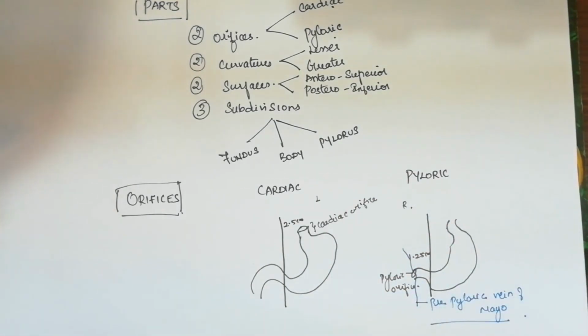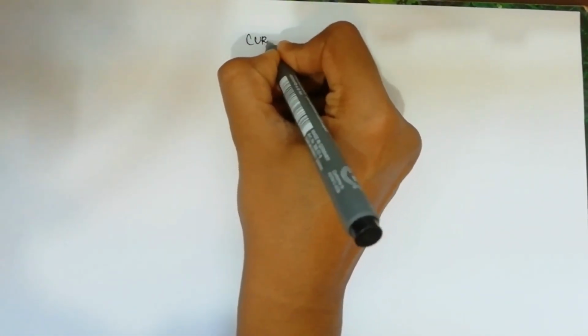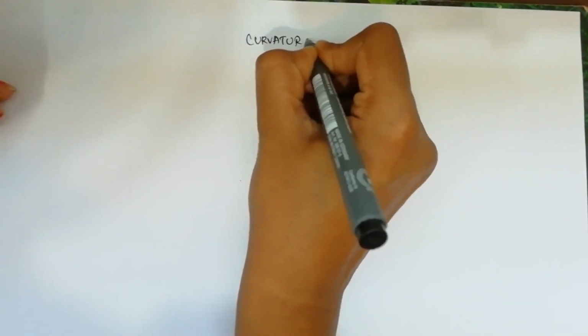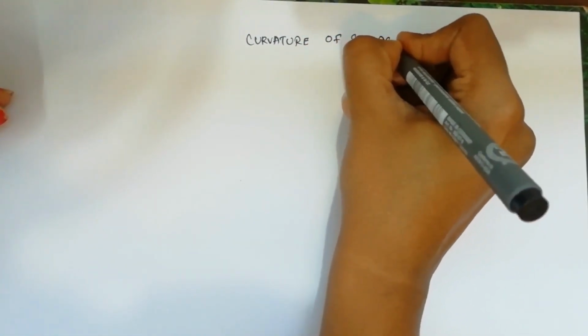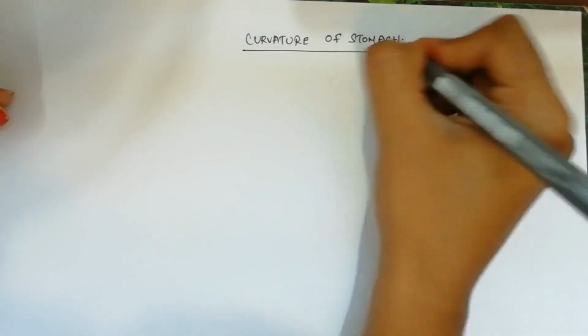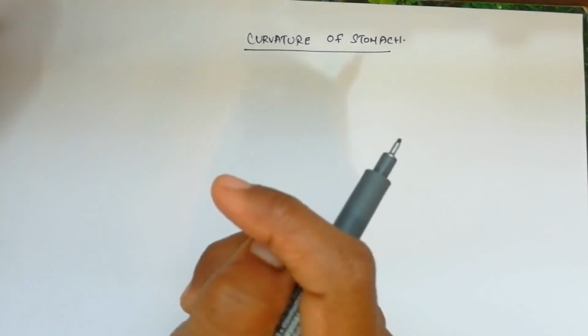Now we will move on to the curvature of the stomach. As we mentioned earlier, we have got two curvatures: one is the lesser curvature and one is the greater curvature.